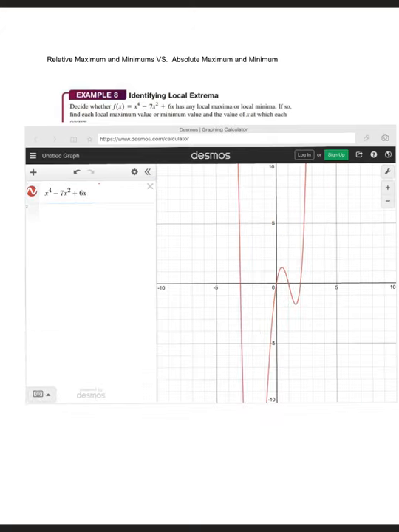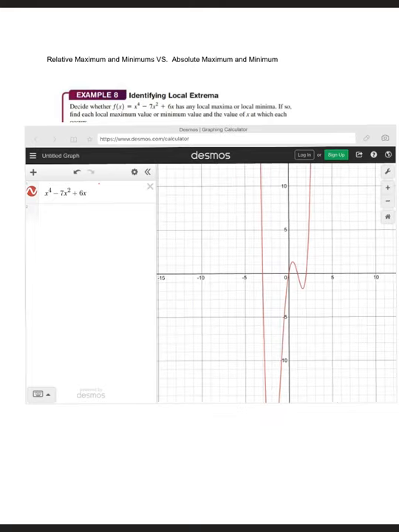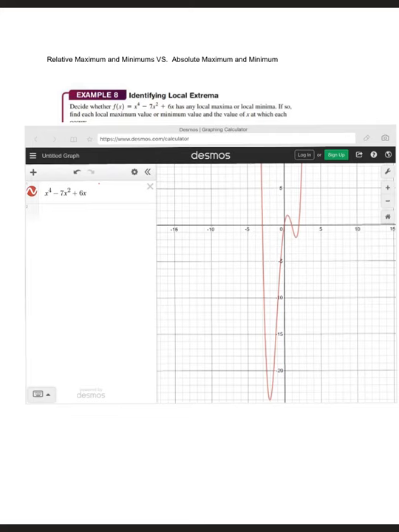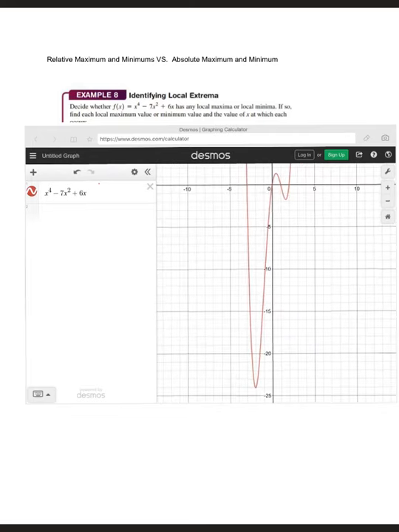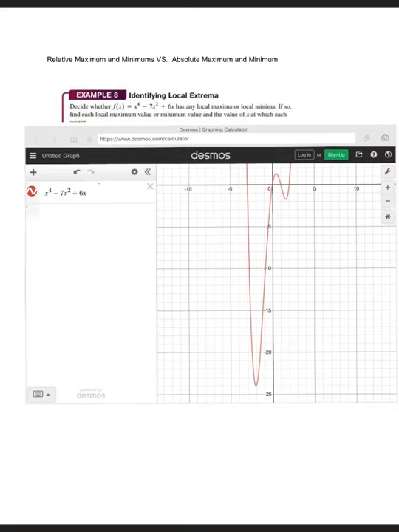For this, I am going to squeeze it down so we can see all of the points. This is what is really nice about Desmos, you can enlarge it, you can make it smaller, you can move it around so that you can find the points. Now what you need to do is hit each of these points. I can hit here because I know that is a minimum. I can hit here because that's a maximum. I can hit here and that's a minimum.